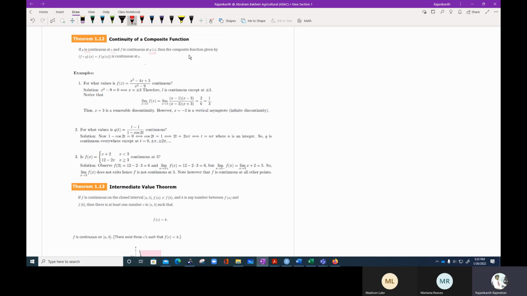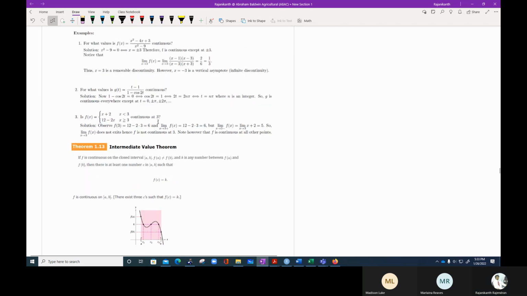I have explained those things here, and we could try to work with this problem and check the answers. If you have any questions, please email me, and I could explain.